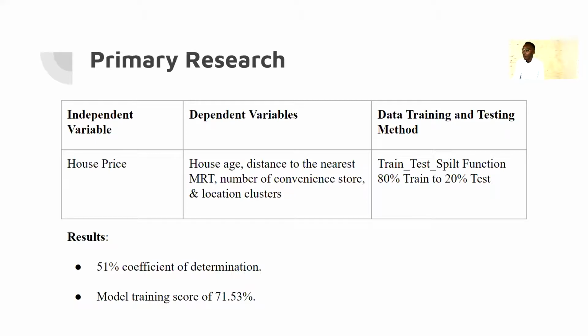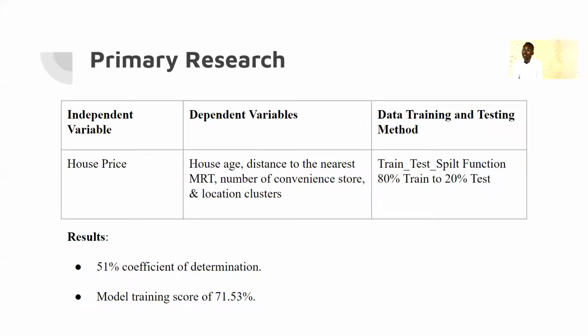To train and test on our data, we're going to use the train test split function in Python. Python is going to randomly select 80% of the sample from the primary dataset for training the model and 20% for testing the model.